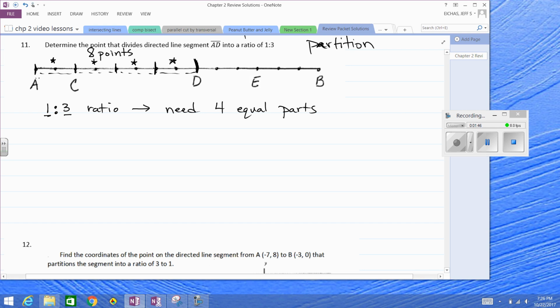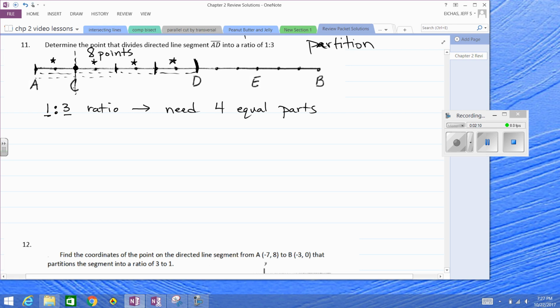Now I have to move from A to D, and I've got to get a ratio of 1 to 3. That means right here, because that's one of the parts, to then 3 on the other side. This point right here at C is going to split the segment A to D into a ratio of 1 to 3.